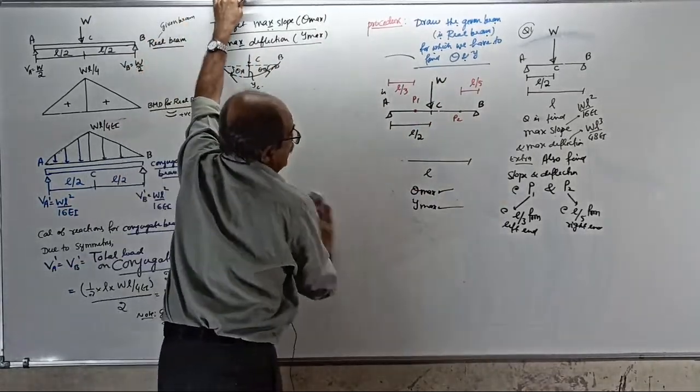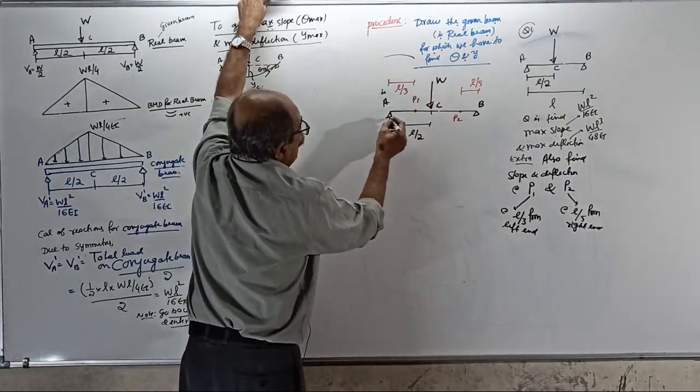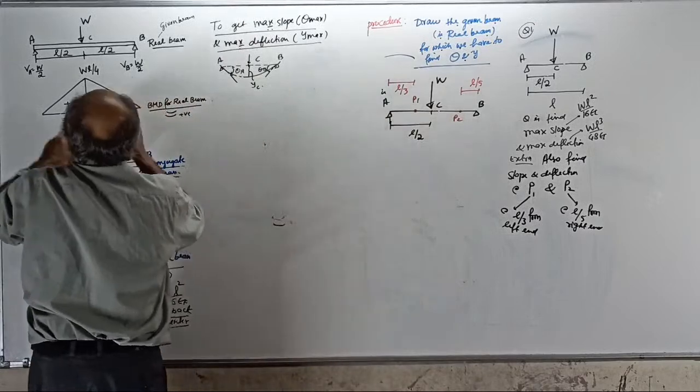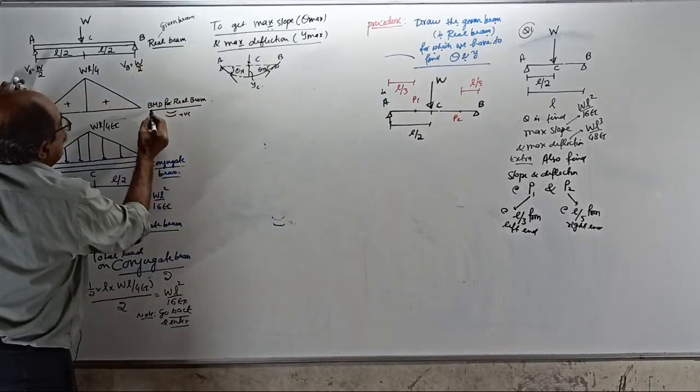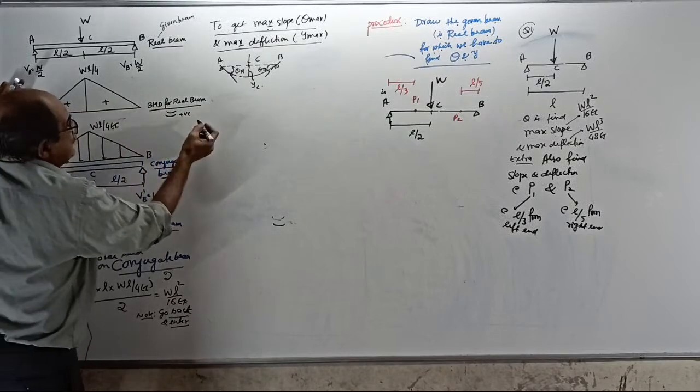Now, see this question. For the real beam, I already told you VA and VB. See, I entered here W by 2. We want BMD for the real beam, so side by side calculation.